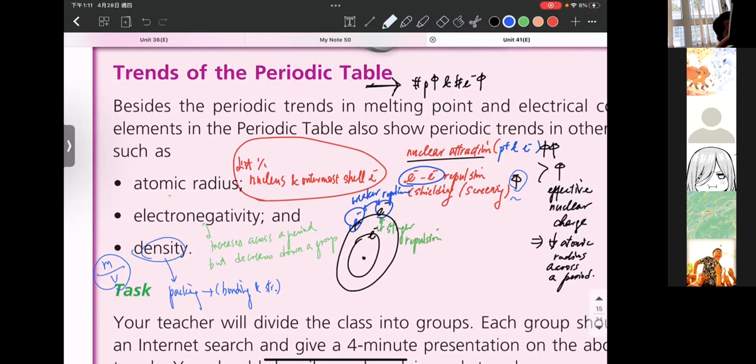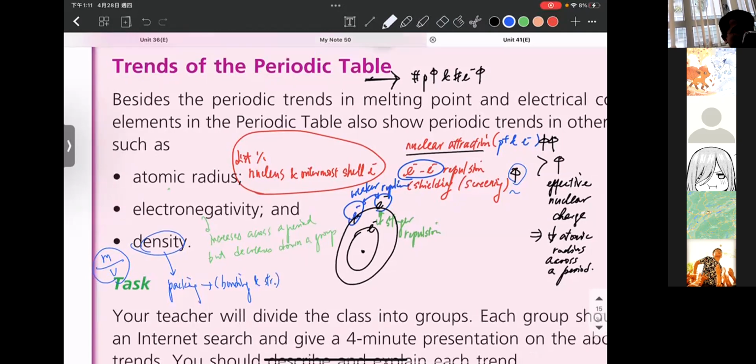Now, if not, we would come to the peripheral elements about the chemical property. Chemical. How about chemical property? Of course, there is quite a lot of coverage about the chemical property.